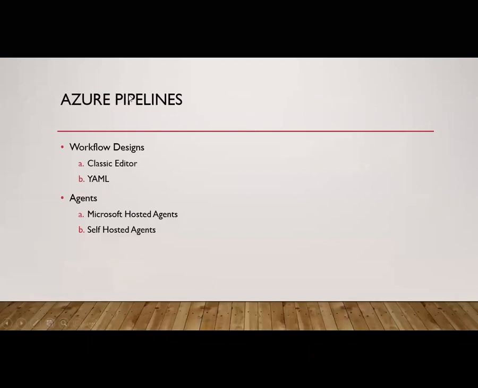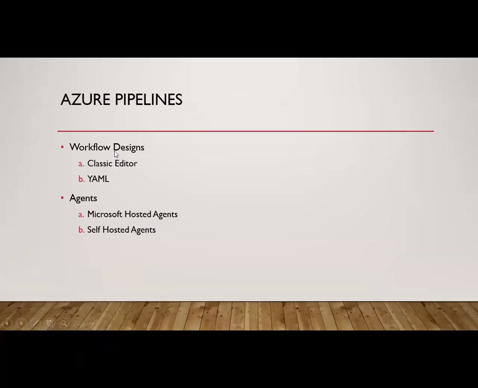Talking about Azure Pipelines, as I said, there are two types of workflow designs. You can do one through the classic editor, which I have shown you. The YAML one, I will show you when the demo is happening. And agents can be classified into two. One is the Microsoft hosted agent, which is pulled from Microsoft, like free VMs.